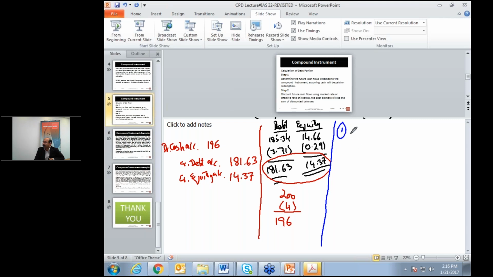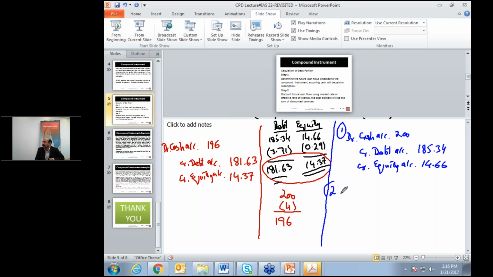One, debit cash on the issuance of your convertible, credit the financial liability debt account with 185.34, credit the equity account with 14.66.